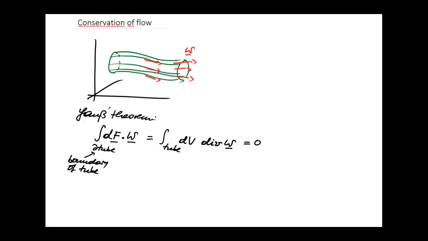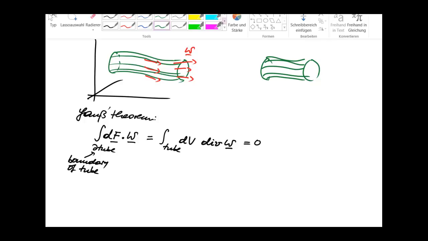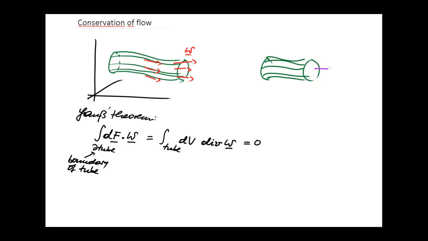When we take the surface integral, we always have to take into account the orientation of the surface. So it's important to keep in mind when you have the tube here, we take the surface integral, then the surface has an orientation, and this orientation is pointing outwards.